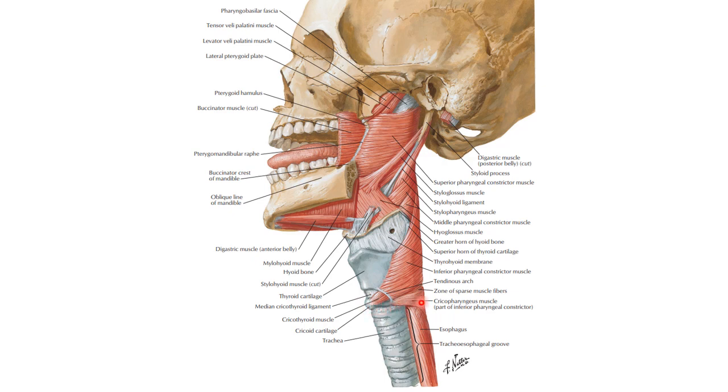And this will serve as the inferior pharyngeal constrictor or the superior esophageal sphincter. And again, the pharynx will continue inferiorly as the esophagus.